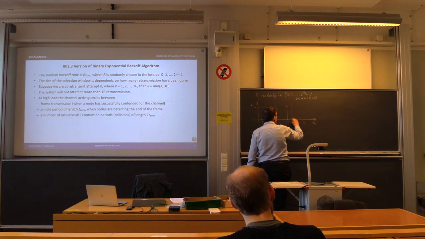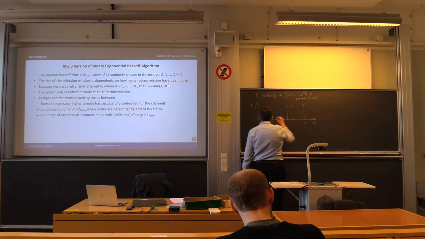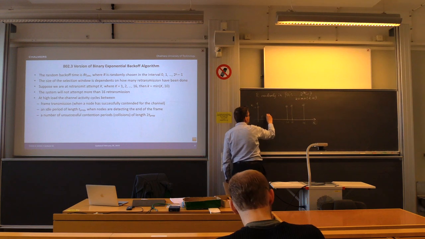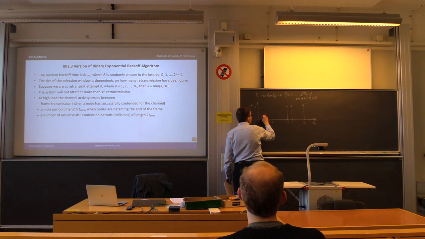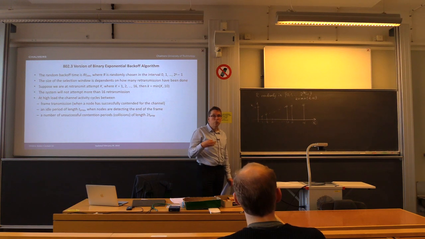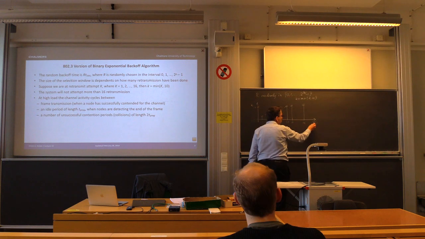So for 11 it's 10, and up to 16 it's 10. And from 0 to 10 it's a linear increase. So it's 1, 2, etc. like this. So this is the way we increase small k as a function of large K.